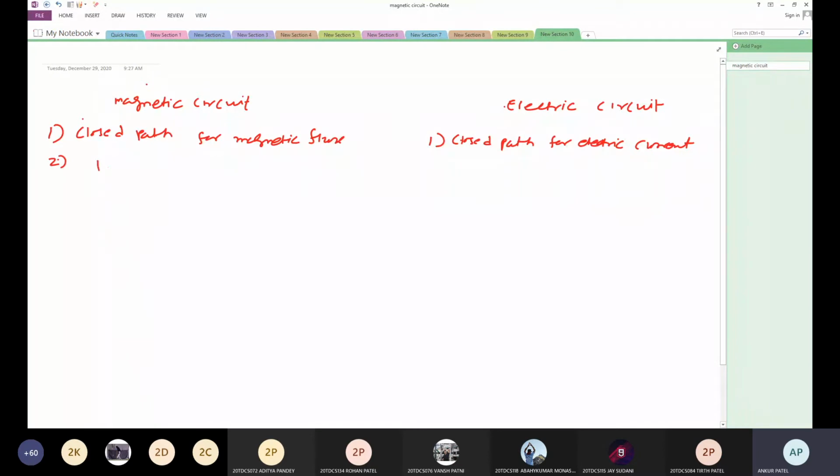Now the second point: here we have flux. Flux is equal to mmf upon reluctance. So what can I write for electric circuit?